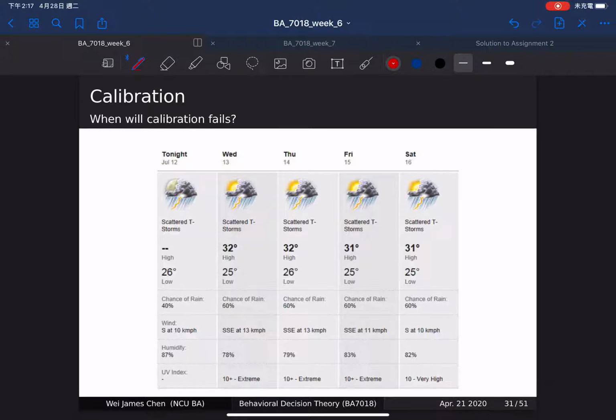And similarly, if a broadcaster knows that on average in Taipei the average raining possibility over the whole year is probably like 60% something, and this person just keeps making the same prediction, 60%, 60%, 60% every day for the whole year, then the calibration will be just one point because all his estimates are 60%.